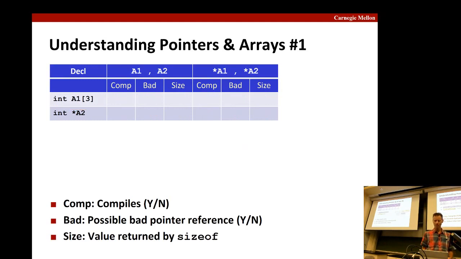For each of these 2 examples, we want to know: will the code compile? Is it possibly a bad pointer reference? And what is the value returned by sizeof? So if I have this declaration and I refer to A1 in my program, will the compiler complain?